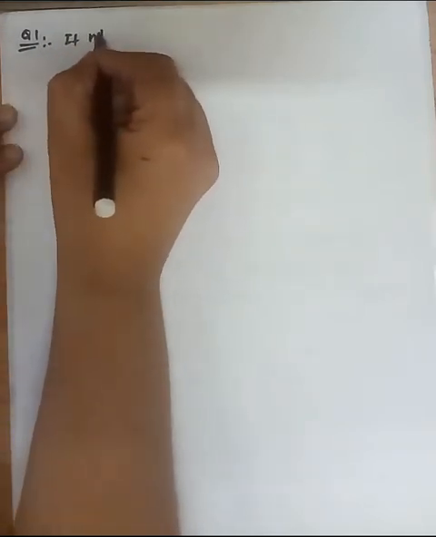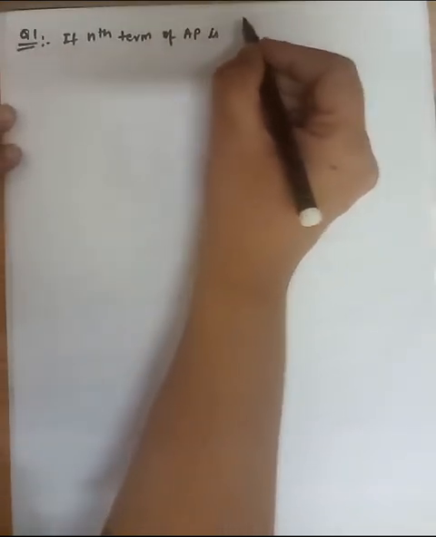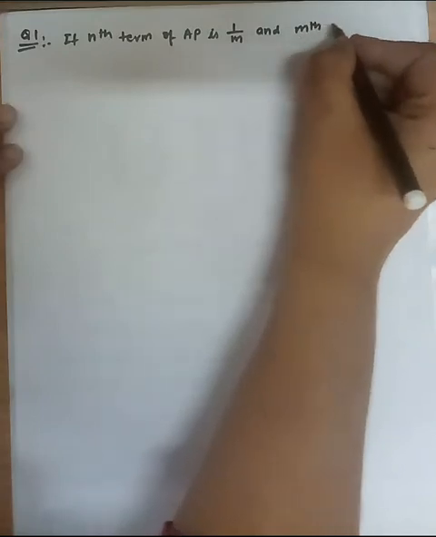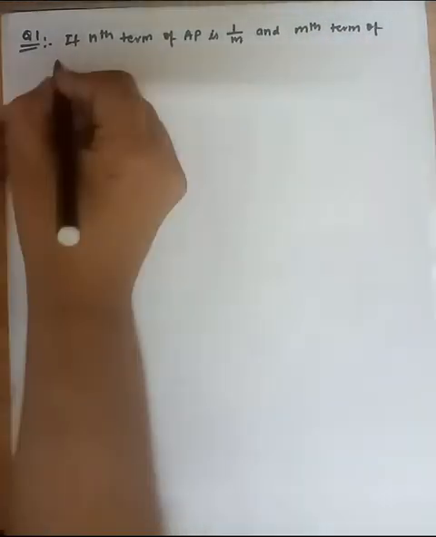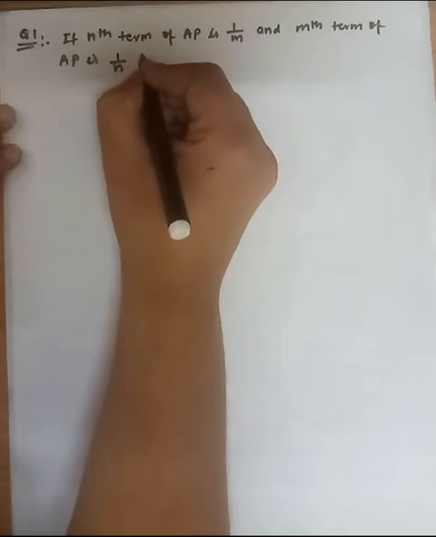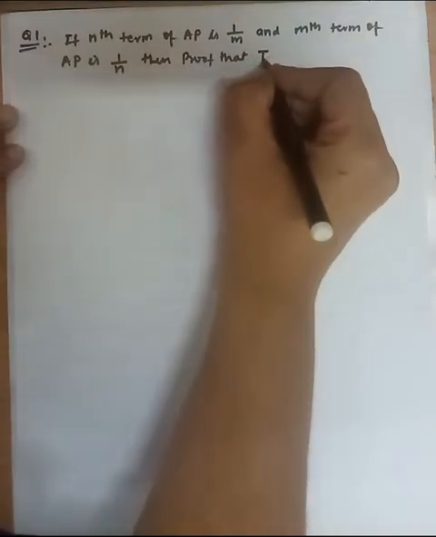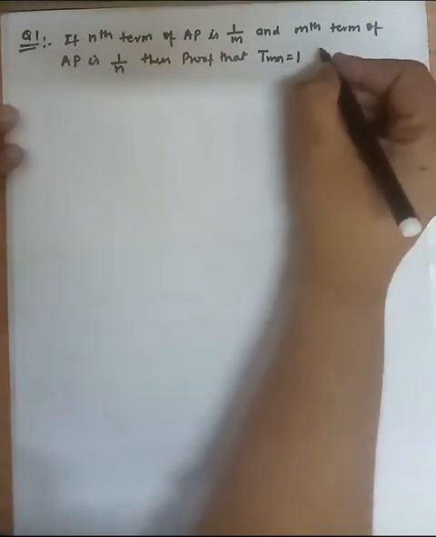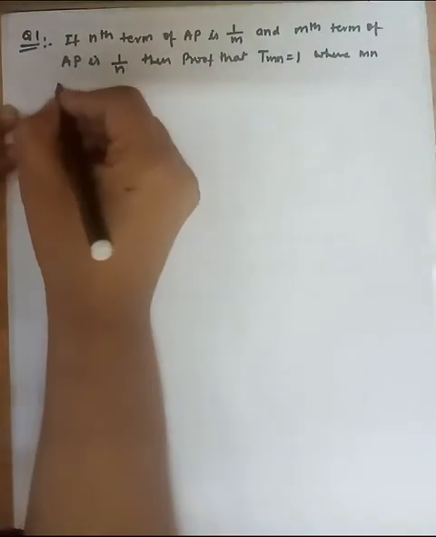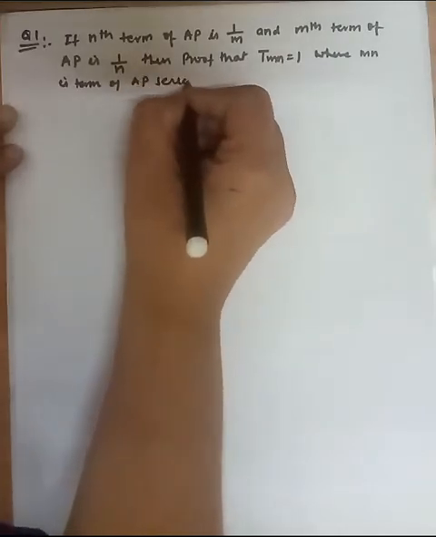If the nth term of an AP is 1 by m and the mth term of the AP is 1 by n, then prove that Tmn is equal to 1, where Tmn is the term of the AP series.